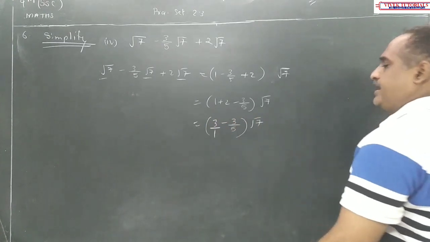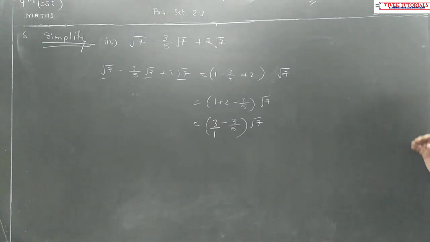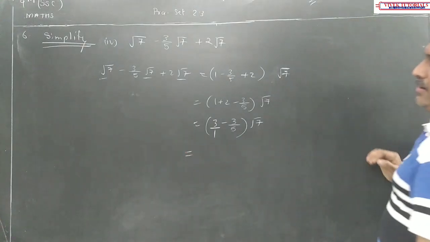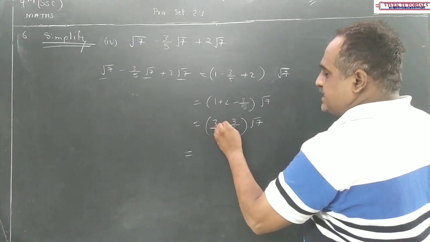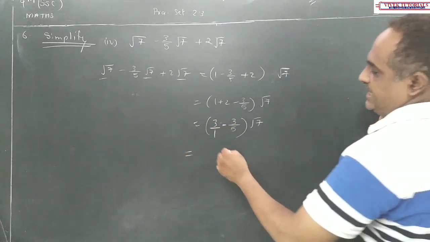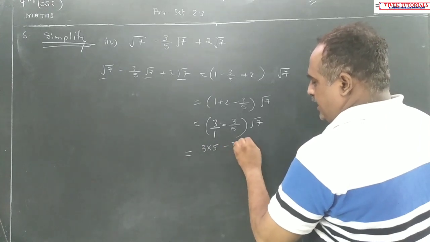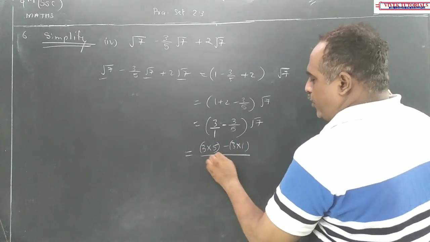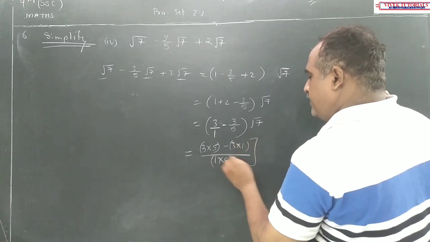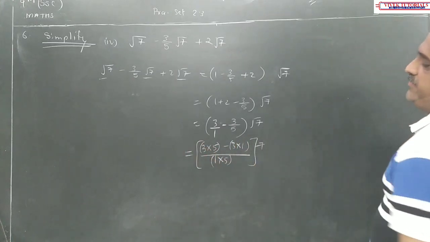Here we will take the denominator 1 and we are going to cross multiply it, because when the minus sign is there and the denominator is different, then you have to cross multiply it. 3 into 5, into 3 into 1, upon 1 into 5 root 7.